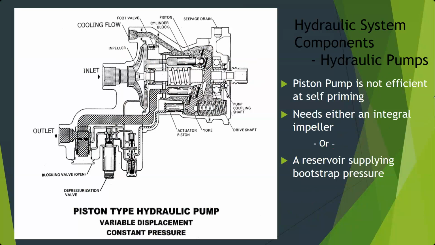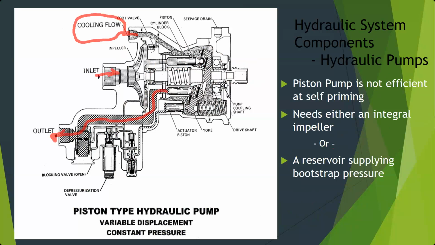Some of the other things you'll see here on this cutaway is that you have your inlet here. You have your outlet here, at the bottom. And there is a third outlet right here that's labeled cooling flow.